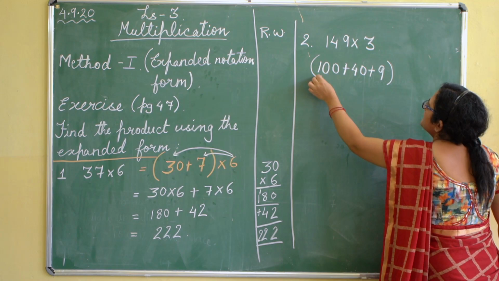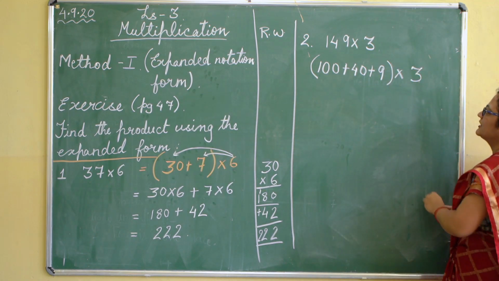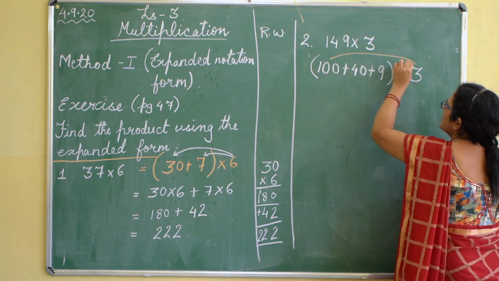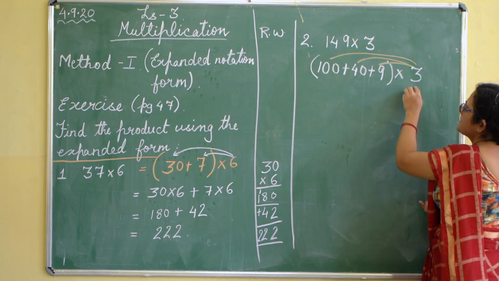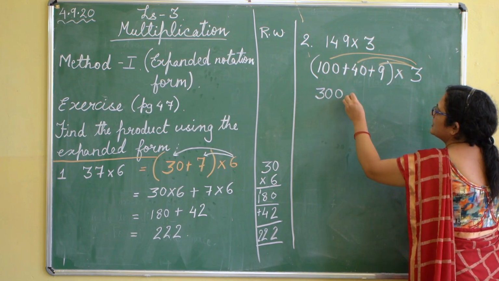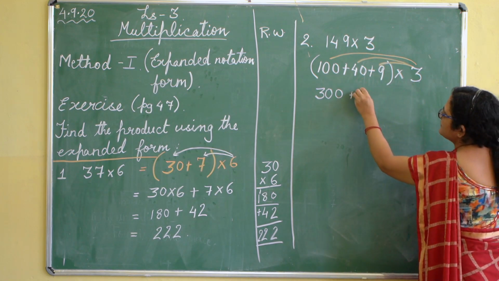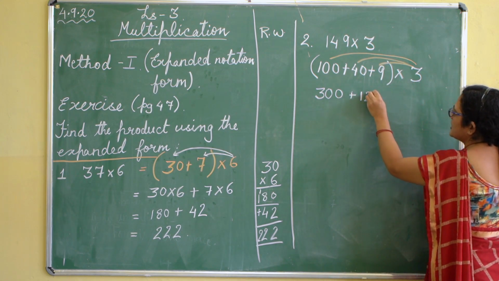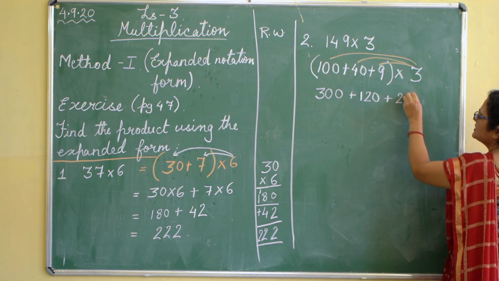Now this 3 will be multiplied by 100, 40 as well as 9. So 3 multiplied by 100 is 300, plus 3 multiplied by 40 is 120, plus 3 multiplied by 9 is 27.